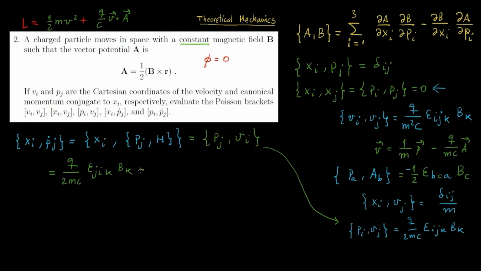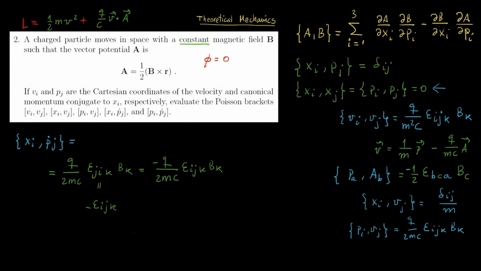If you want to put it nicer, ijk, so let's do this by interchanging j and i and putting a minus sign. So this is minus q over 2mc epsilon_ijk v_k, and that's it.